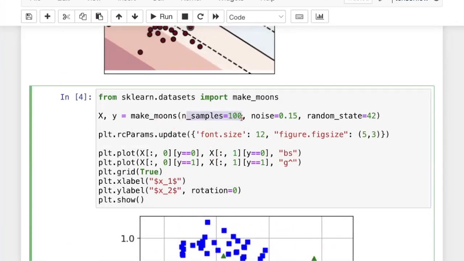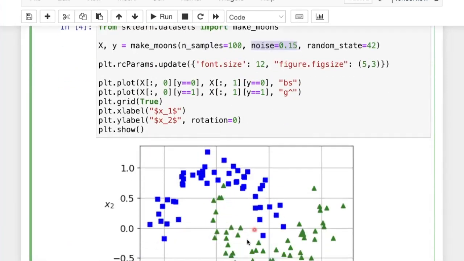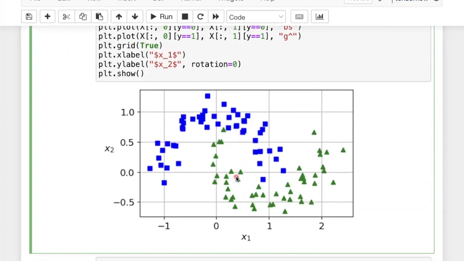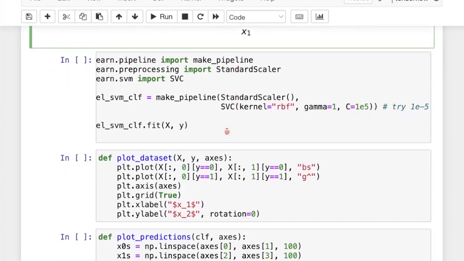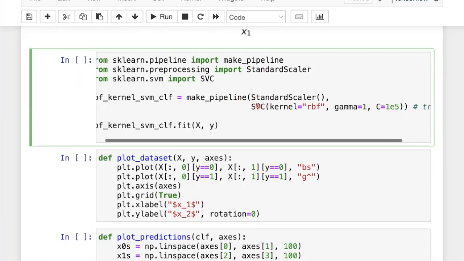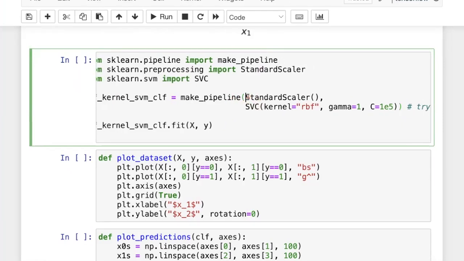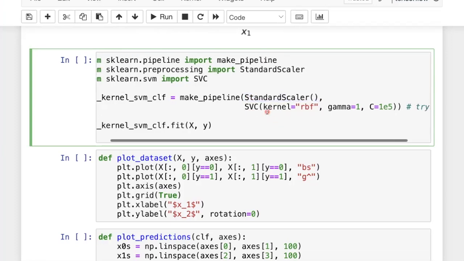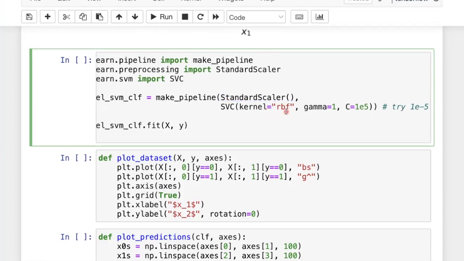We create 100 data points with some noise level, which tells us the separation between the two classes. And here also, what we really want to do is make sure that we first standardize our features. So we create a pipeline, we standardize our features, and then we use this SVC with RBF, or radial basis function.